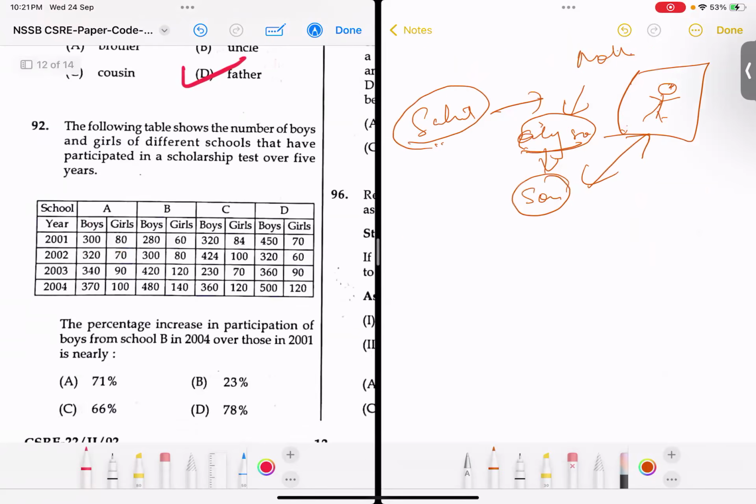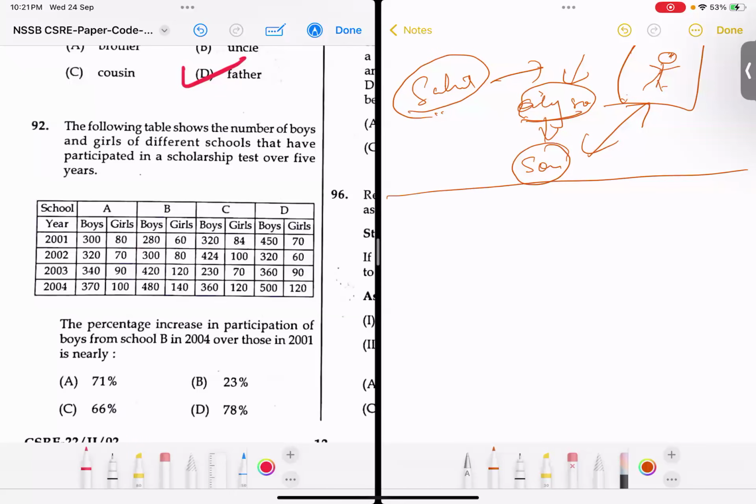Question number 92. The following table shows the number of boys and girls of different schools that participated in a scholarship test over 4 years. Here we have 4 periods: 2001, 2002, 2003, and 2004.